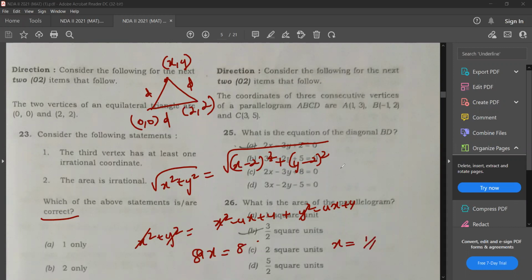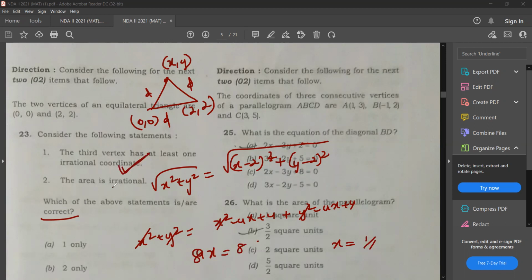Now, if you are going for y, what do you get for y? You'll get an irrational root. So that is an irrational coordinate, so that statement is correct.